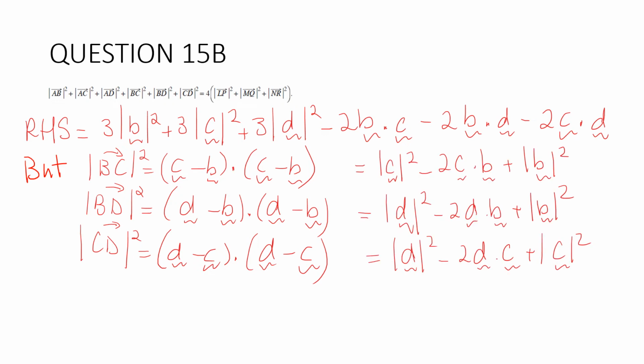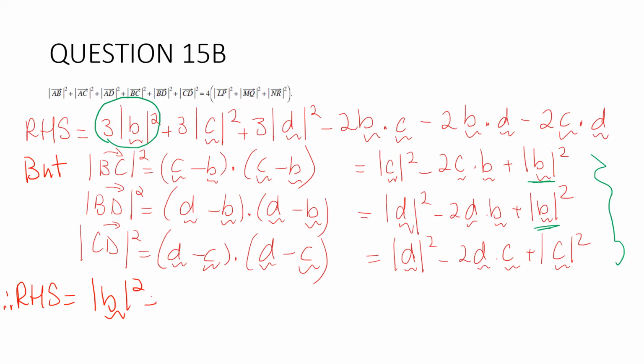Now, can you see that, for example, we've got 3 mod B squared here, and in these equations, I've got 1, 2 of them. So I'm going to have 1 left over. So let's go back into our proof and write, therefore, right-hand side is equal to mod B all squared plus mod C all squared plus mod D all squared. And then I'm going to rewrite all of these because it will be equivalent.